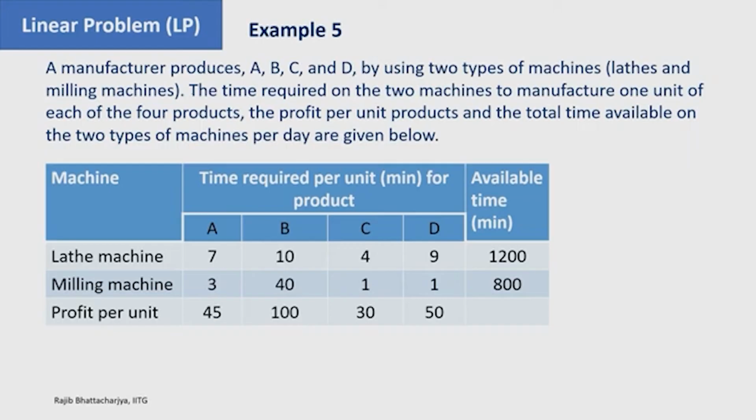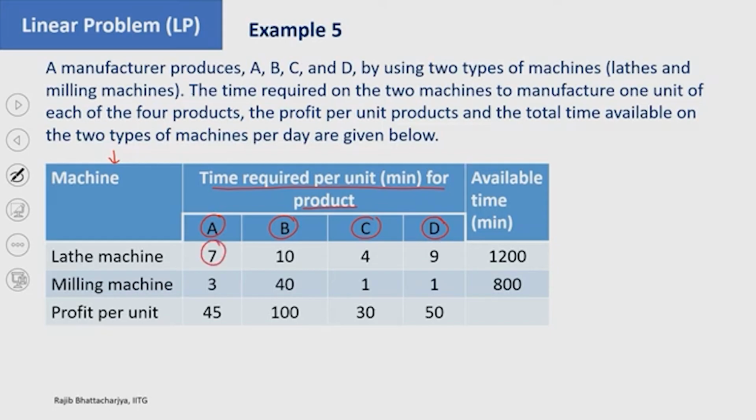Okay. So, this table has given the data. There are 4 products, as you know, A, B, C and D. If we produce these products on the lathe machine, then the time required per unit, in minutes, for product A is 7 minutes.